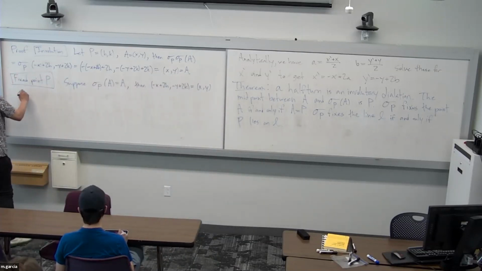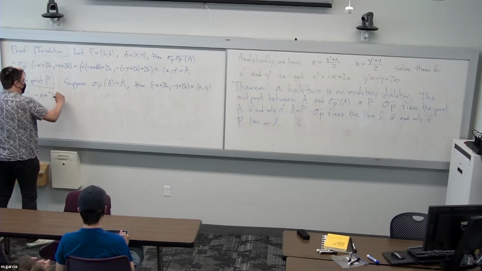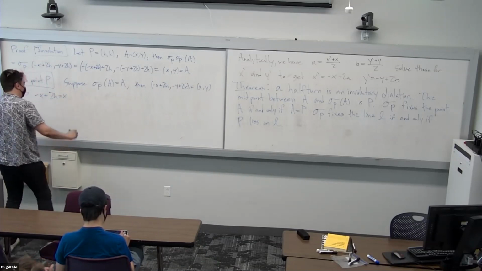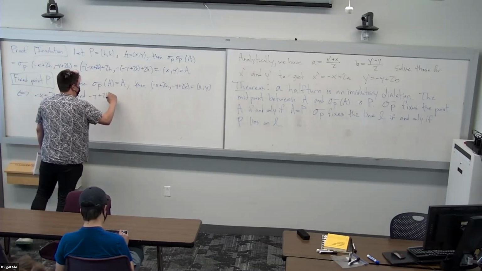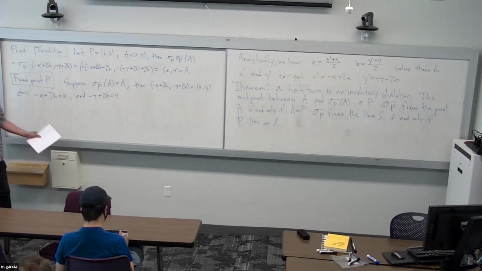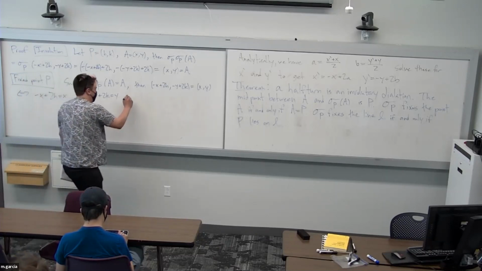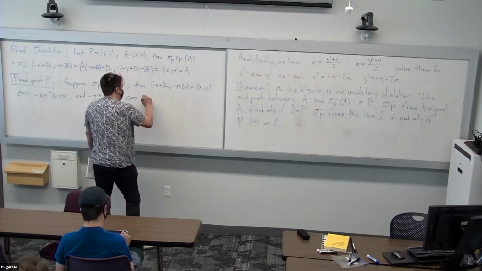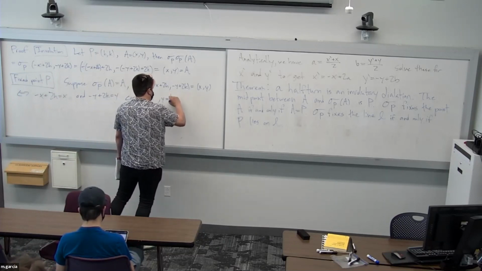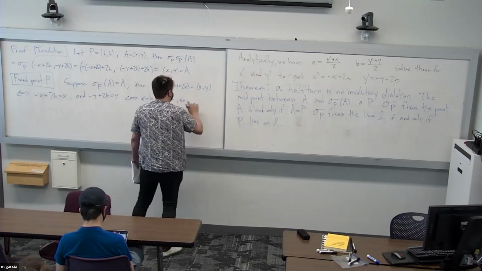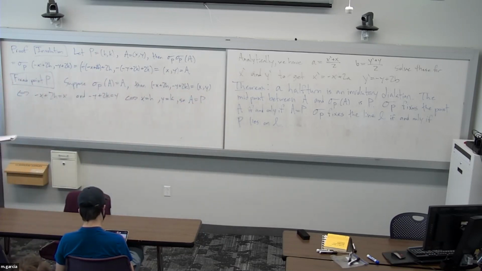This is the case if and only if we look at each of these equations separately, right? Negative x plus 2h equals x and negative y plus 2k equals y. Solve these for x and y, and you get x is equal to h and y is equal to k. If and only if x is equal to h and y is equal to k. So, therefore, A was in fact P all along.